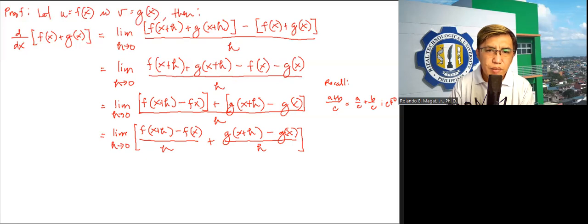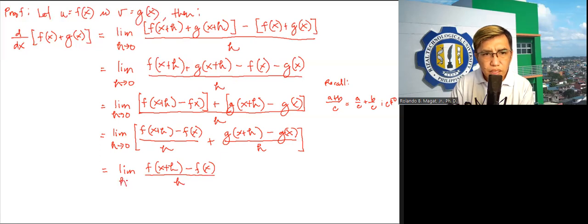Then applying the limit of sums, what I have is the limit of f of x plus h minus f of x all over h as h approaches 0, plus the limit of g of x plus h minus g of x all over h as h approaches 0.